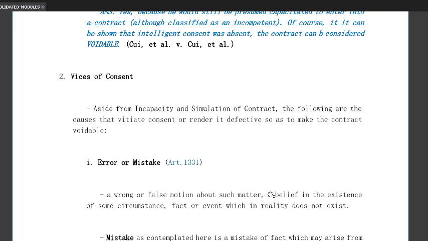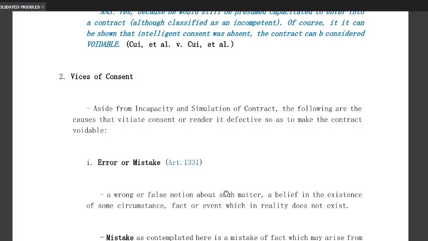And then, at the same time, mistakes as to the identity or qualifications of one of the parties will vitiate consent only when such identity or qualifications have been the principal cause of the contract. A simple mistake of account shall give rise to its correction.